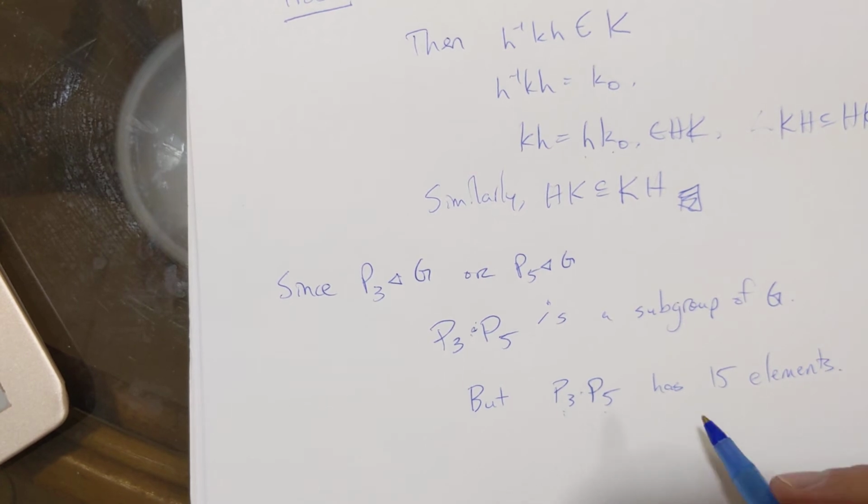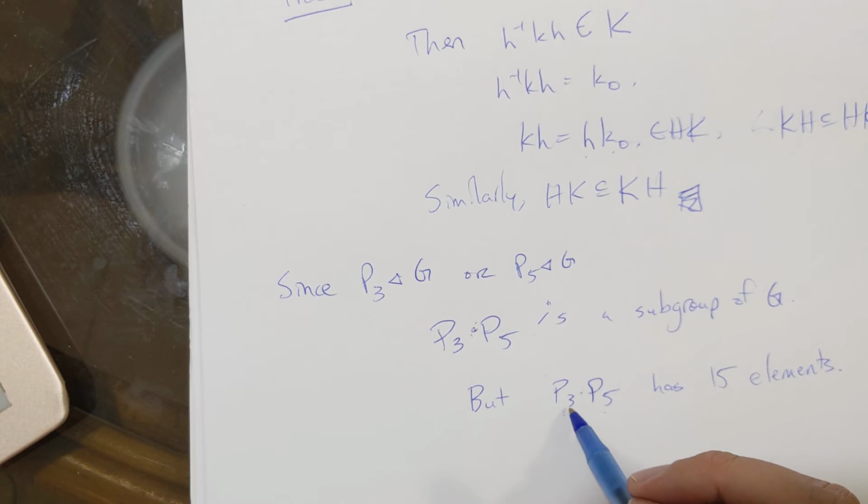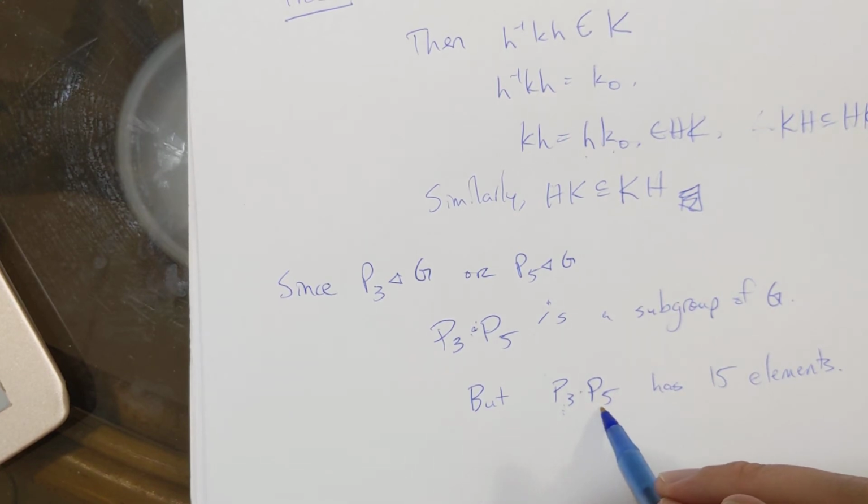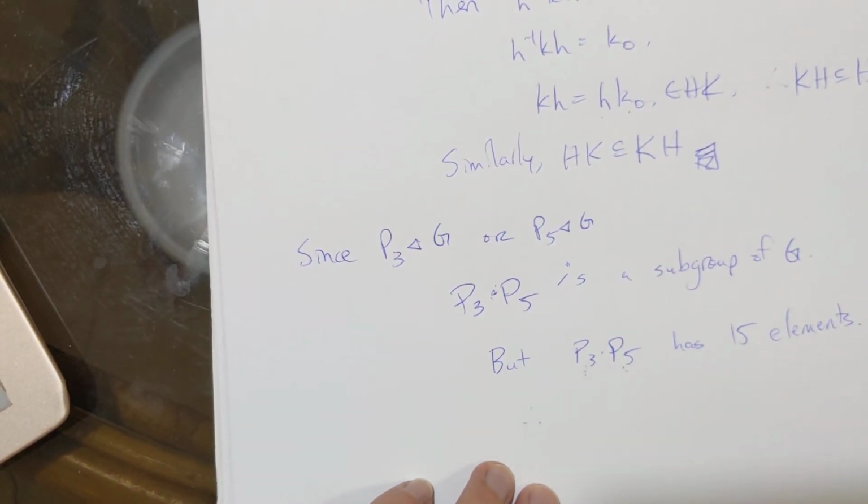To see that you have exactly 15, well, once you know that it has at most 15, if it had less than 15, it would mean P3 intersected non-trivially with P5, but it doesn't.